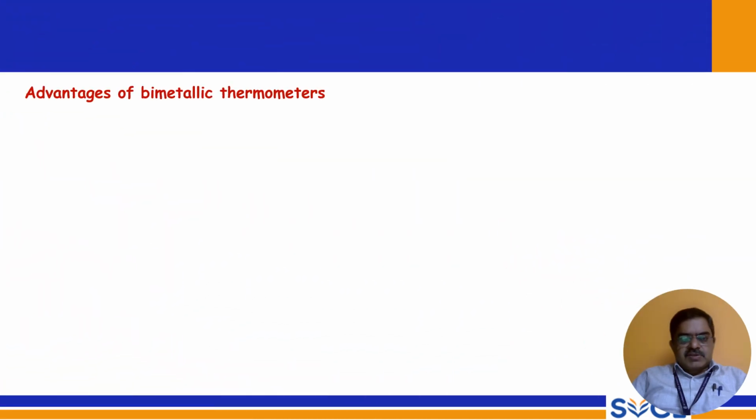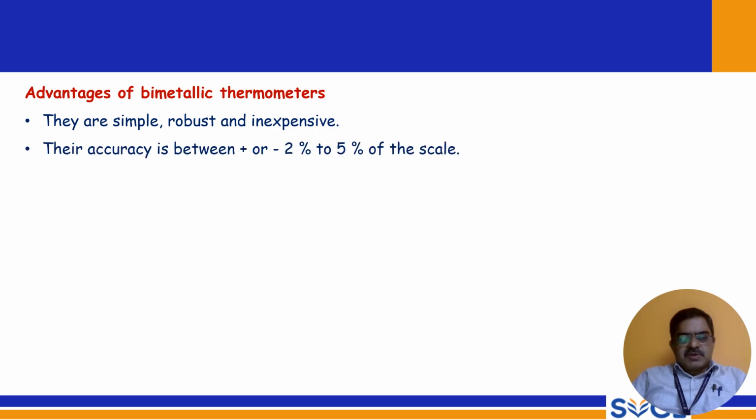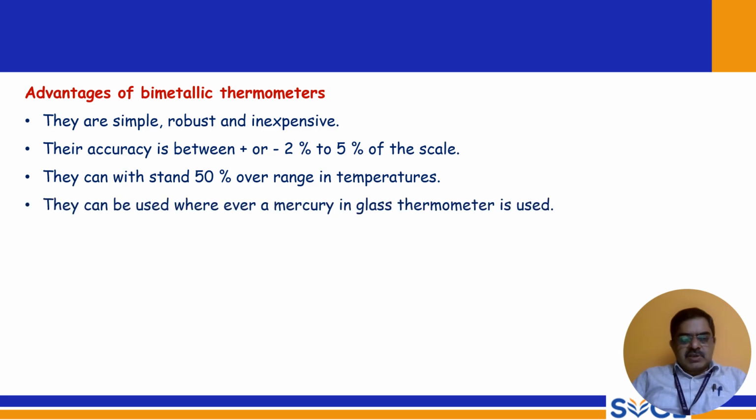Now, the advantages of the bimetallic thermometer. They are simple, robust, and inexpensive. Their accuracy is between plus or minus 2 percent to 5 percent of the full scale range, and they can withstand 50 percent over range in temperature. They can be used wherever a mercury in glass thermometer is used.